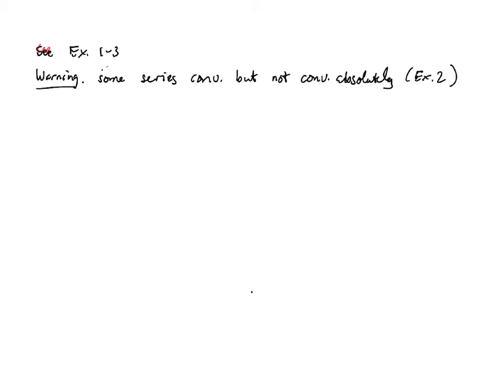And for this reason we have another term for what it means for a series to be conditionally convergent, or to converge conditionally. And that happens if it converges, but it does not converge absolutely.